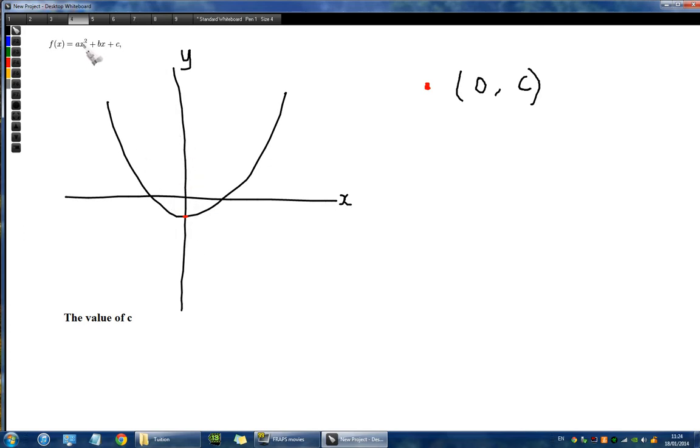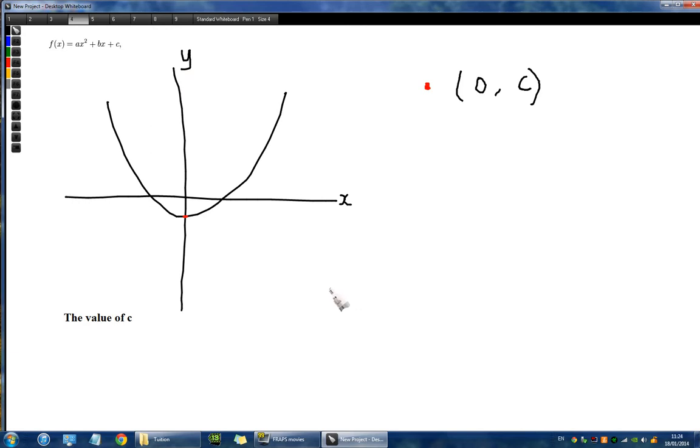If I put x equals 0 into my equation, I get f of x, or y, equals 0 plus 0 plus c. So when x is 0, y equals c. And this point where it intercepts has the coordinates 0, c.